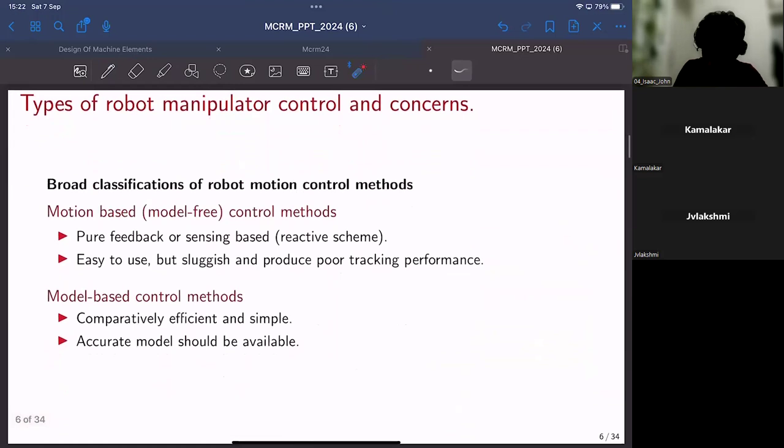Okay, so what are the types of robot manipulator controls and what are their concerns? One of the broader classifications of robot motion controllers is model-based control, as we have seen earlier, for example, if you have this dynamic law, M of theta double dot plus N of theta dot plus maybe a gravity term G of theta, whatever you can model.